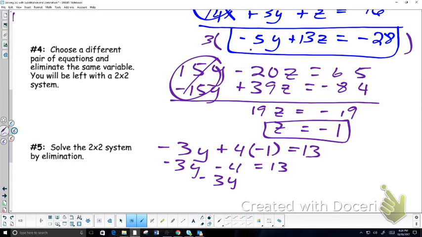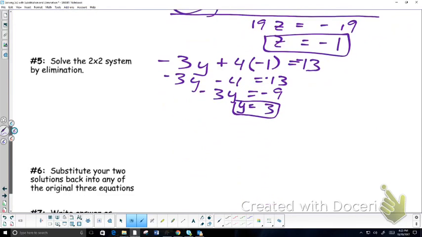Negative 3y equals, add 4, is that a negative 13? That's a negative 13, my bad. Add the 4 and I get negative 9, and so then I got y equals 3. Based on that, you've got two answers now. You got z equals negative 1, y equals 3.